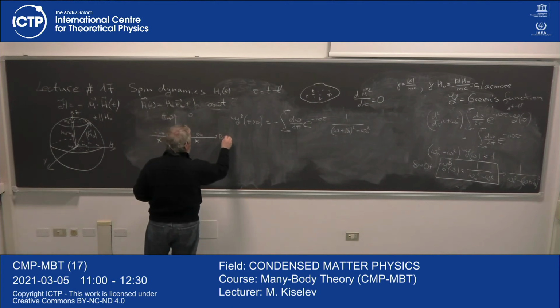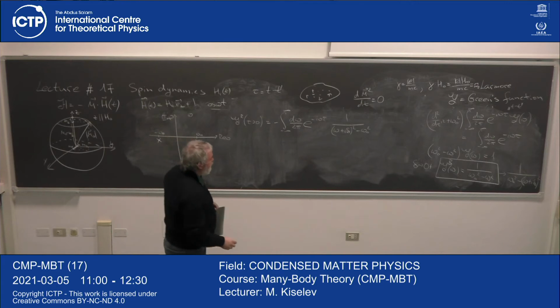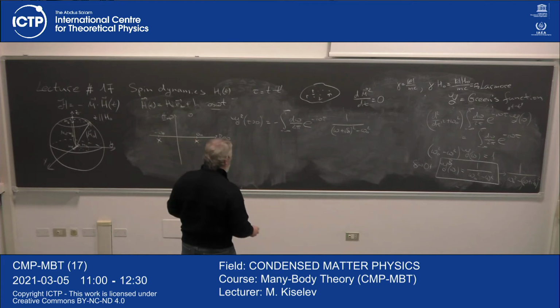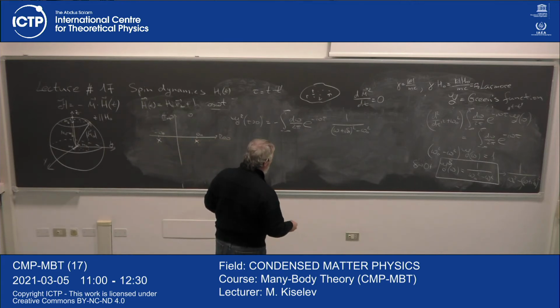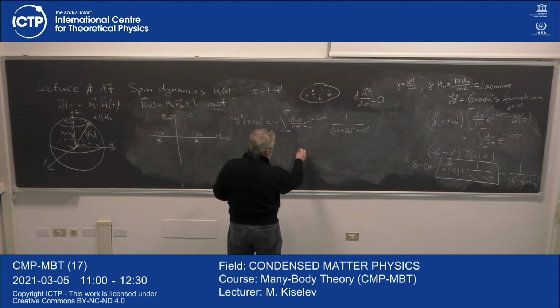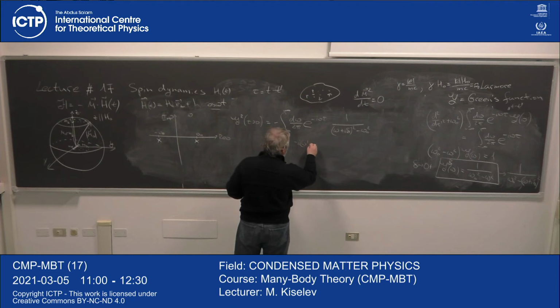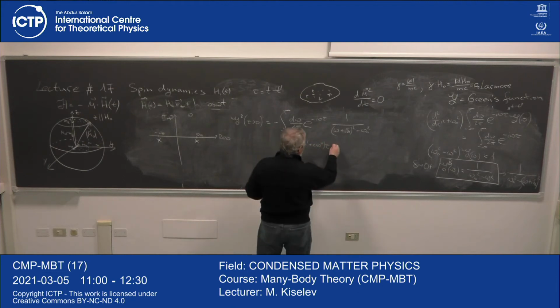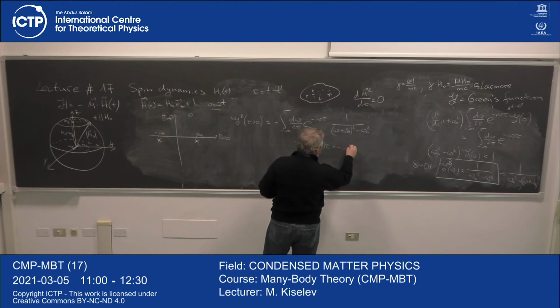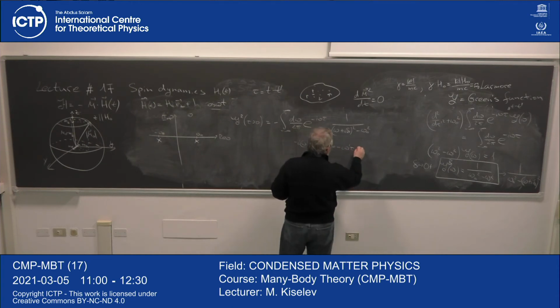So, on which side should I complete my contour? If tau is positive, I have minus i omega prime plus i omega double prime tau, which is minus i omega prime tau plus omega double prime tau.